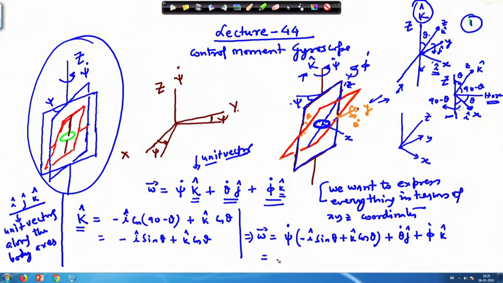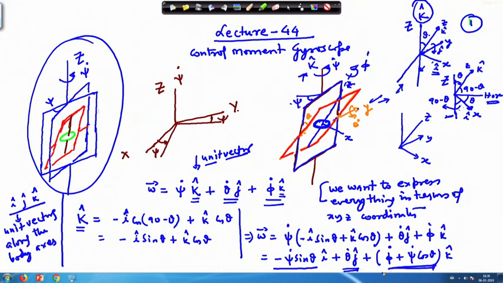So, that gives us minus psi dot sin theta times i cap plus theta dot times j cap and plus phi dot plus psi dot cos theta times k cap. So, these are the components of angular velocity along the body axis.